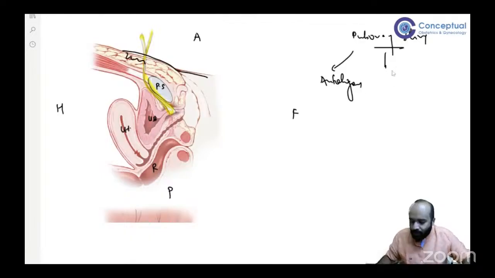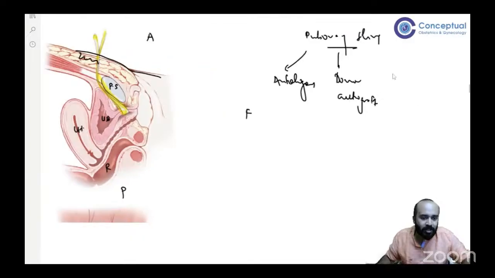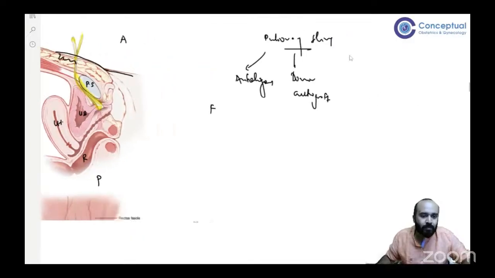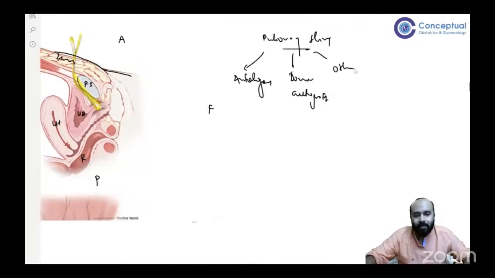Or it can be a donor graft, which is from the same species, meaning from a cadaver, from another person, or it can be from other species like porcine or bovine, which is a pig or a cow. Or lastly, it can be synthetic, like a mesh.